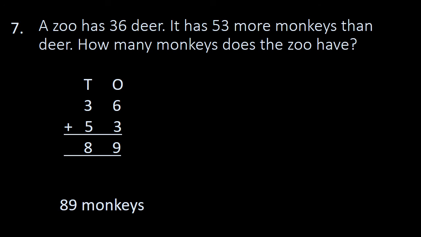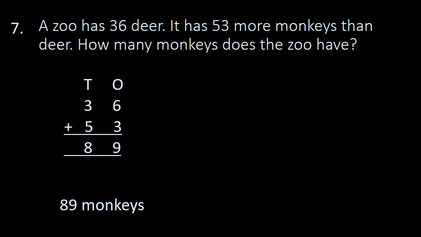So let's start. First write ones and tens place and then put the same value number below that. Means in 36, 6 is in ones place and 3 is in tens place. Same as the other number 53, 3 is in ones place and 5 is in tens place.